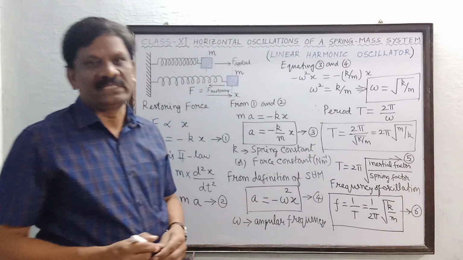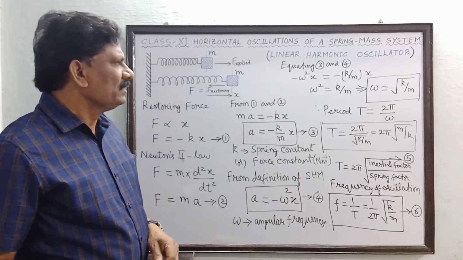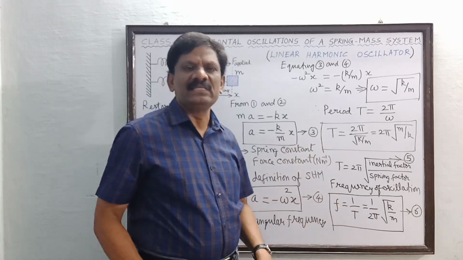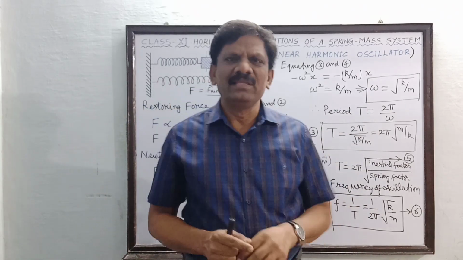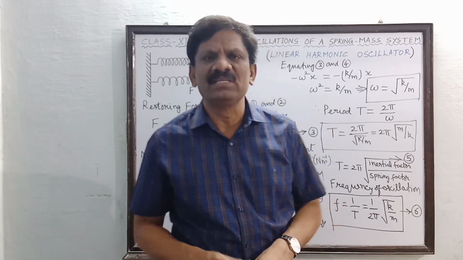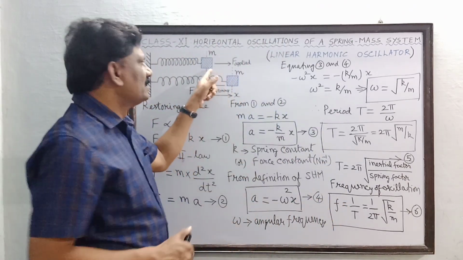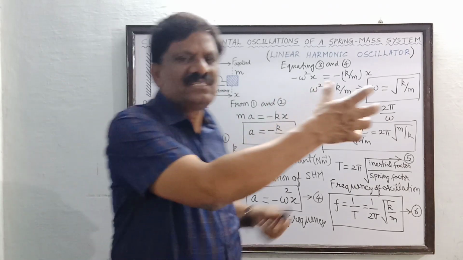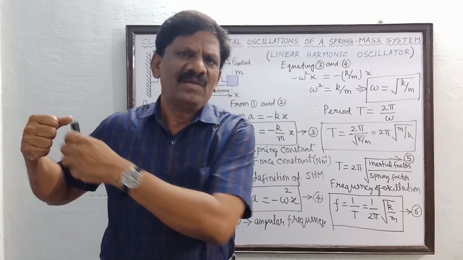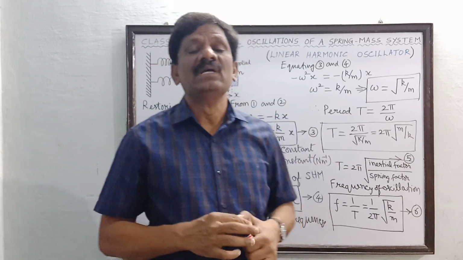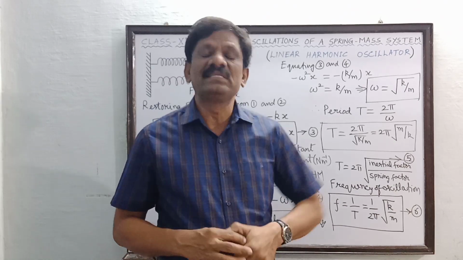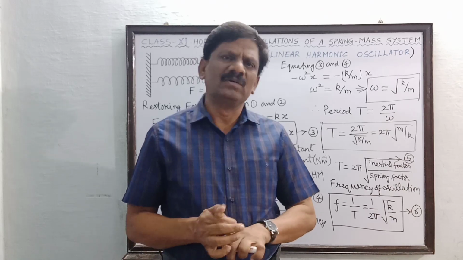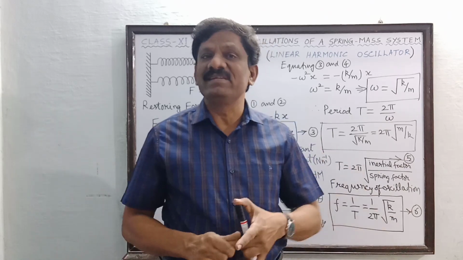The last equation. Now these equations for period and frequency are true only when the amplitude of oscillation is very small. Understand? Suppose the mass attached to the spring is stretched very harshly by applying a very large force, permanent deformation may take place in the spring and the mass may not come back to the original position. So that will become non-linear oscillation.